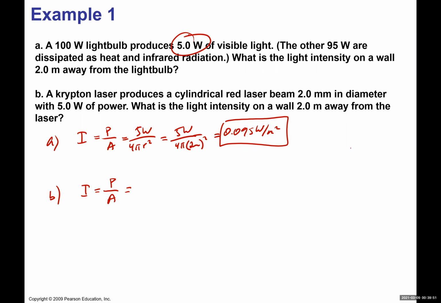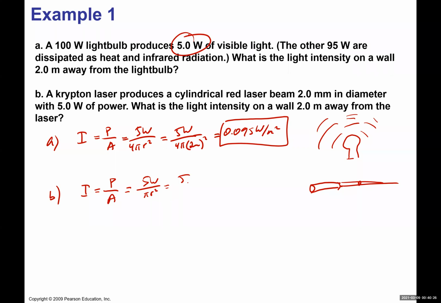But a light bulb produces light that propagates in every direction, like a sphere. A laser is much more concentrated, so it moves with a circular cross-sectional area. So this becomes 5 watts over the area of a circle, pi r squared.